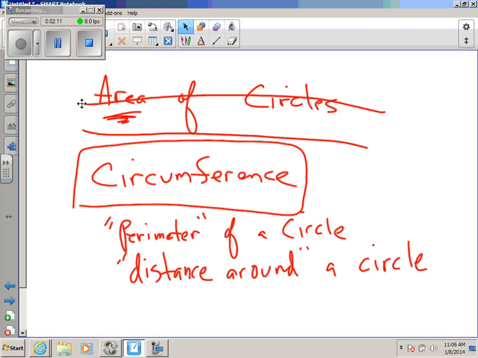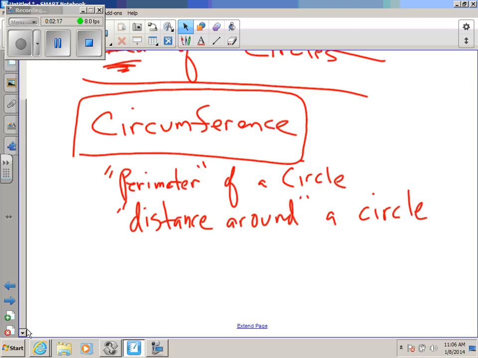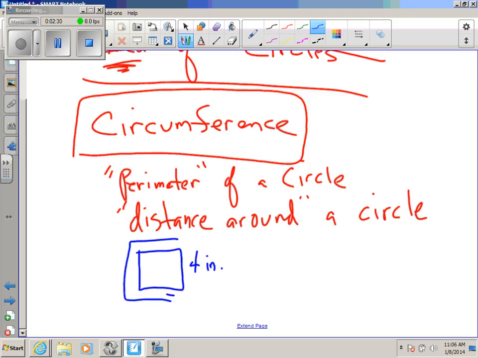If I had a square that looked like this, and it measured 4 inches on a side, and I wanted to find the perimeter, I'd add all these sides: 4 plus 4 plus 4 plus 4, which would equal 16 inches, okay?